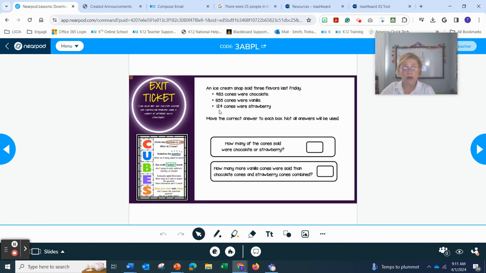An ice cream shop sold 3 flavors last Friday. 483 cones were chocolate, 55 cones were vanilla, 124 cones were strawberry. Move the correct answers to each box. Not all answers will be used. Technically, all answers will be used because it didn't drag or drop. How many cones were sold that were chocolate or strawberry?